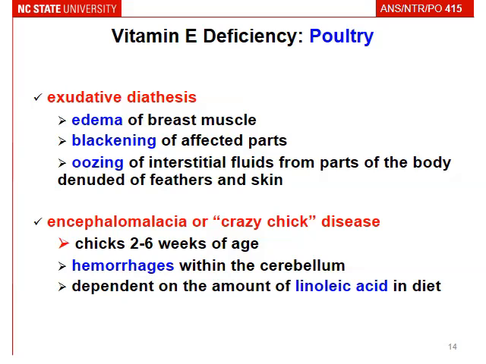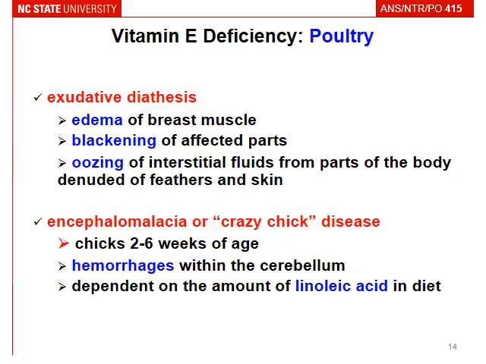Now, in poultry, we've been able to induce vitamin E deficiency, and when we've induced it, we get exudative diathesis. We get edema, which includes edema of the breast muscle, blackening of various affected parts, and oozing of interstitial fluids from the body.